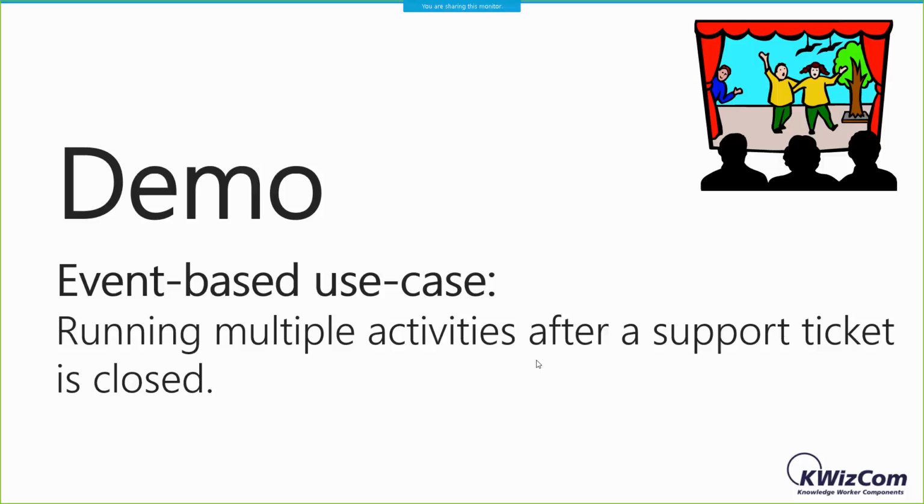Now, I could have just added two more actions to this action, one that updates another list and one that sends an email. But many times you want to automate processes even if they're not triggered through the UI. So maybe this item was updated not through the SharePoint UI, but by a workflow or by another software, by calling some API.